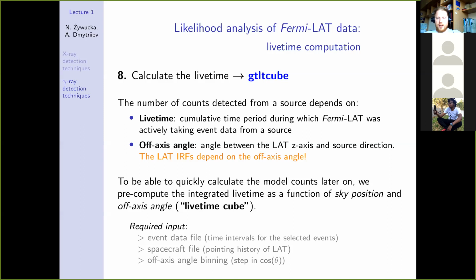So you need to account for these effects. You compute this lifetime cube, pre-computing the observational times in order to be able to quickly compute the quantities needed for the likelihood later on.